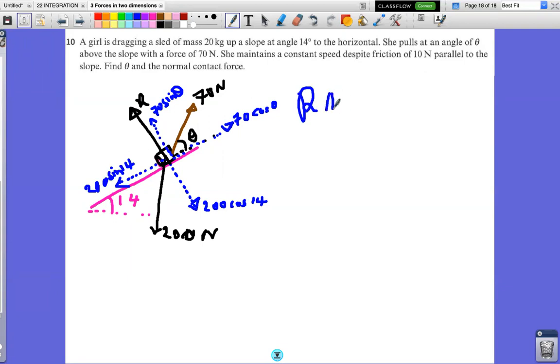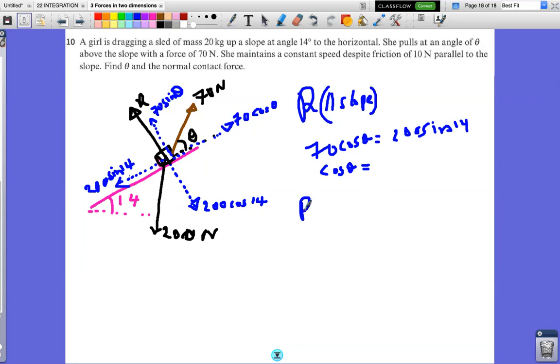First, I'll resolve parallel to the slope. Parallel to the slope, this force should be equal to that. 70 cos theta should be equal to 200 sine 14. That will give you cos theta to be something. You can calculate that.